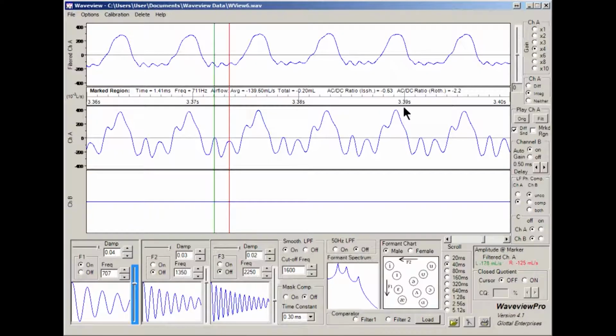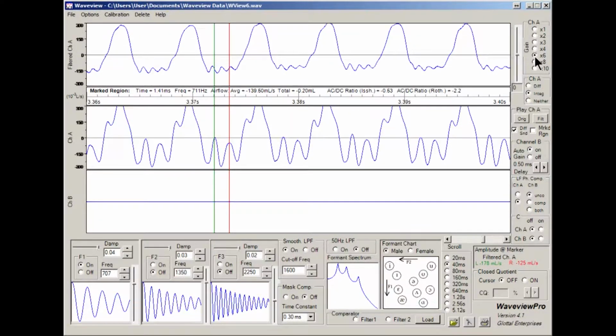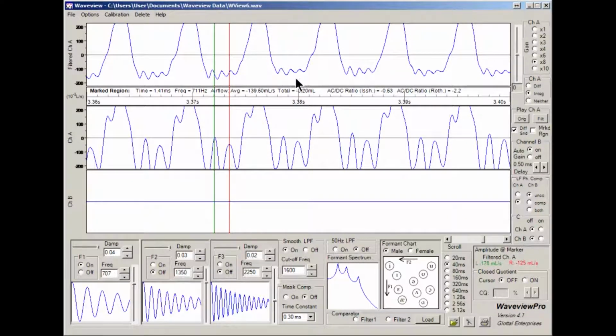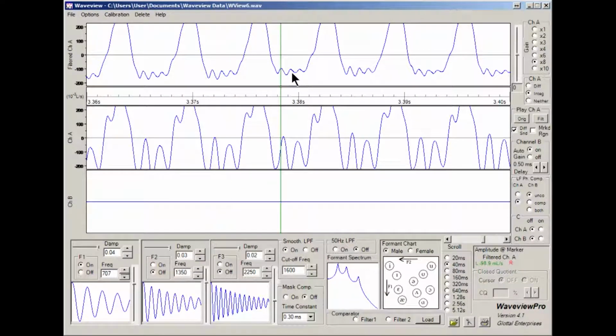Now I'm going to turn up the gain, and that's going off screen on the top, but it doesn't matter. Now I can see the second formant oscillations more clearly.